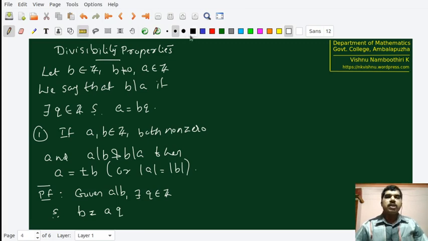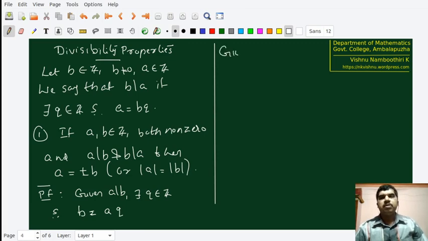Now what is the next thing given to us? It's also given that b divides a. Given b divides a, there exists q prime belongs to Z such that a is equal to bq prime.